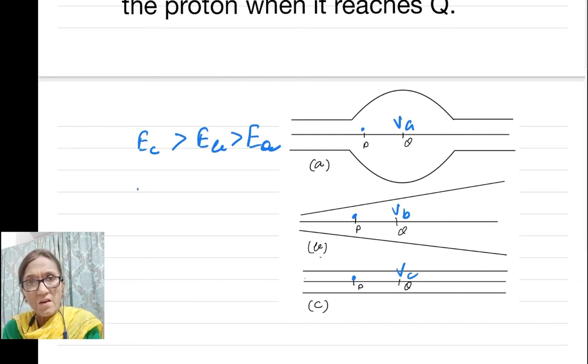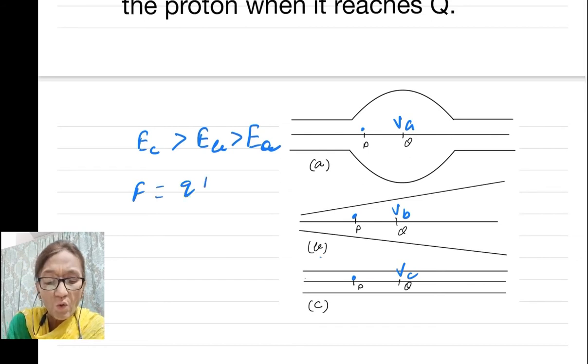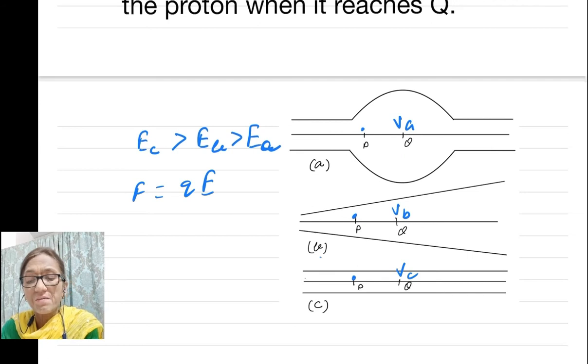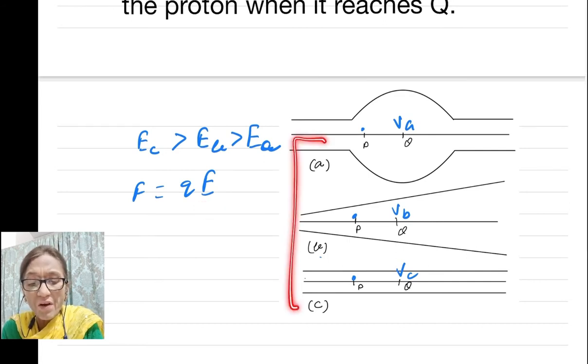Now let us find force. We know that force is equal to QE, and we have the same proton in all three cases, no other charge. So charge is the same, but what differs? The electric field differs in all three cases. So force should differ.